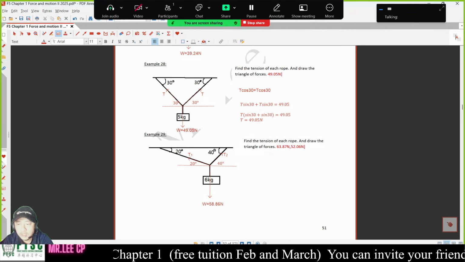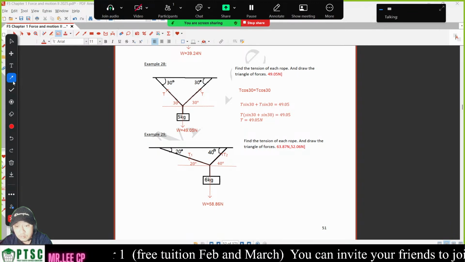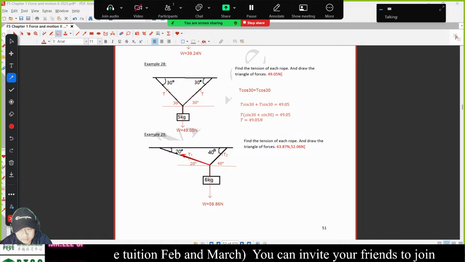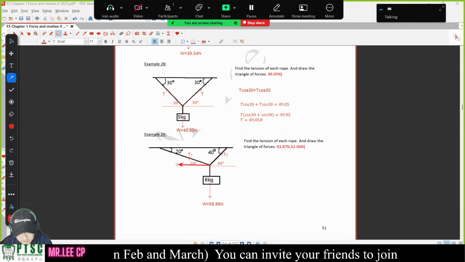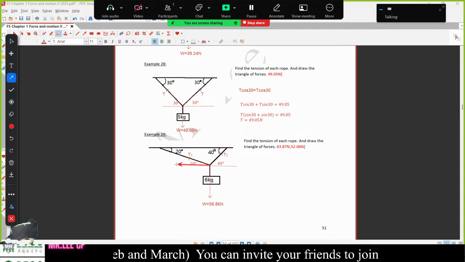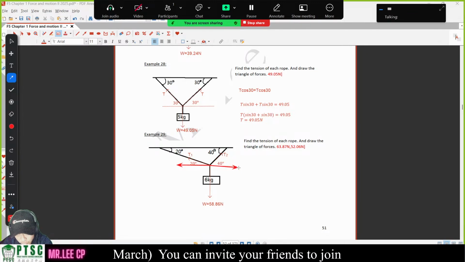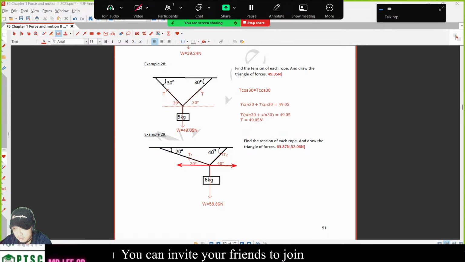Okay, so I have labeled all the forces already. Now this one is more complicated because the angles are not the same. T1, touching or not touching 30? I bring it to here, left hand side, this one goes to the right. T2, I bring it to here. Touching or not touching 40? Touching, so I use cos.